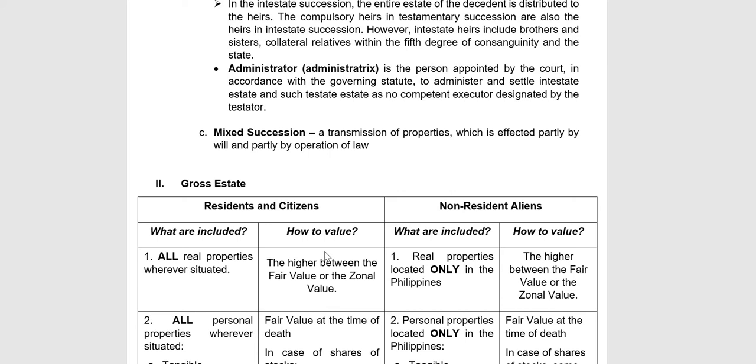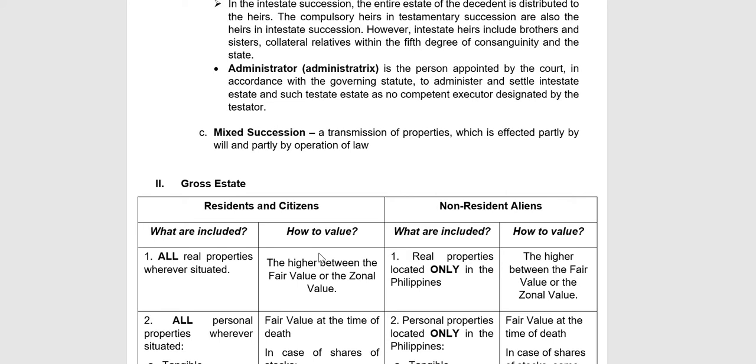So, resident and citizen includes resident citizen, non-resident citizen, and resident alien. Non-resident alien, yung property ng non-resident alien, taxable lang sila within, meaning properties within the Philippines.